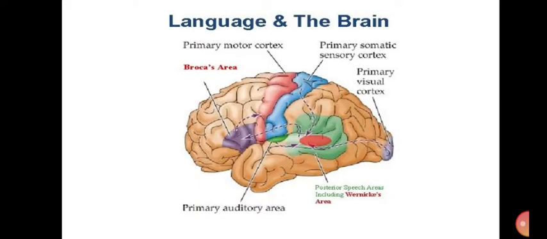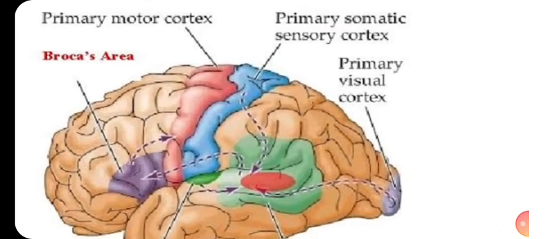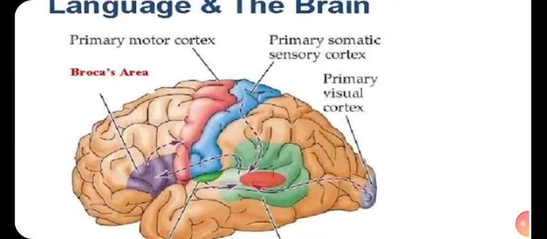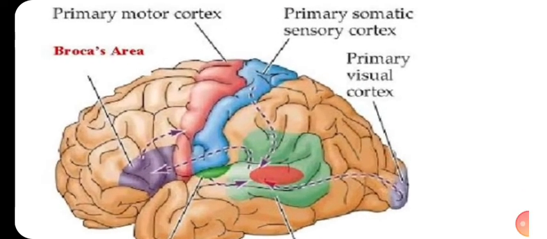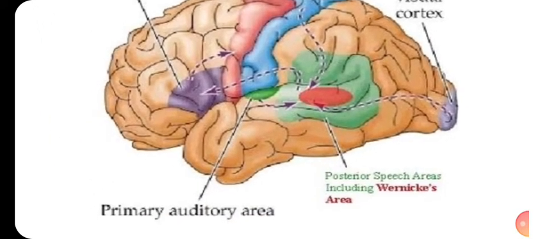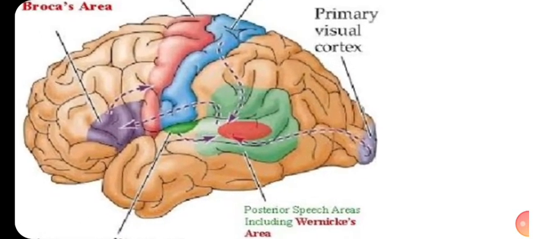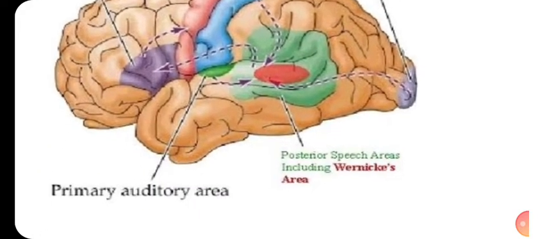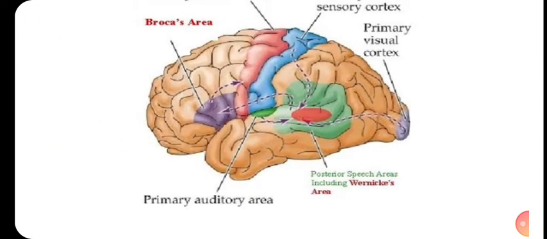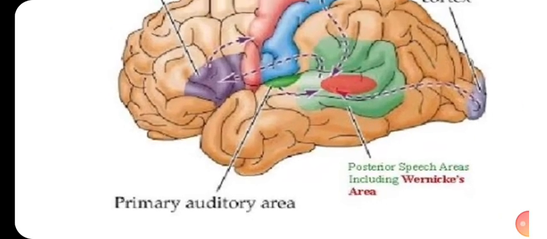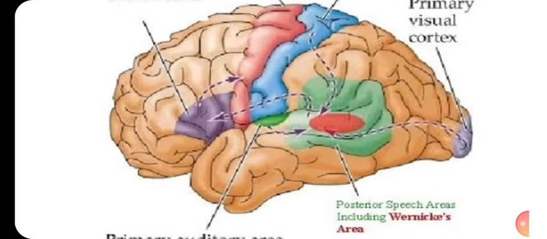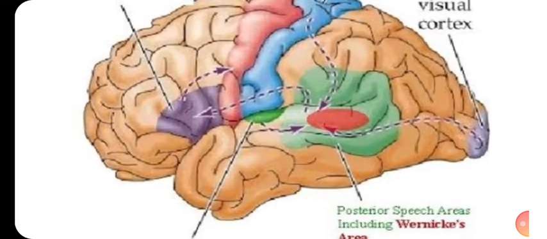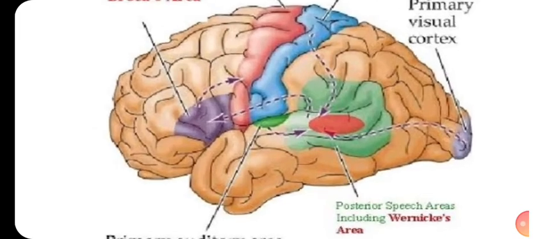So how does language work in the brain? First of all, the signals are received in the sensory part of the brain. That can be the primary somatic sensory cortex that might receive touch, symbols like the braille system if a person is using. The primary visual cortex receives the writing or the written message. The primary auditory area receives the auditory message. All of these signals are then conveyed to the posterior speech areas, including Wernicke's area.